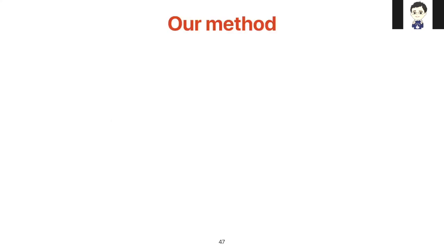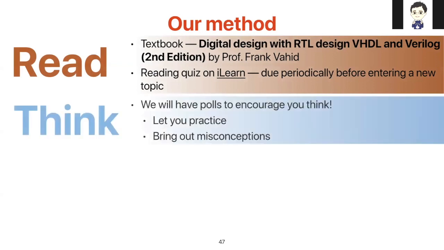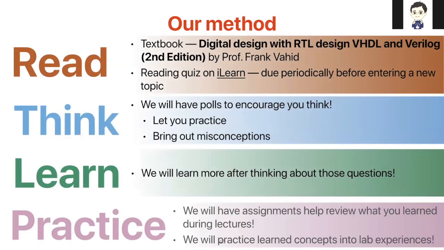So right now, I'm going to talk about the learning experience of this class. We are going to do four things: read, think, learn, and practice. For the reading, we have a textbook, which is actually a zyBook. You have probably already received the link on Piazza. We will have polls, like the ones I went through with you in this lecture, to bring out misconceptions.